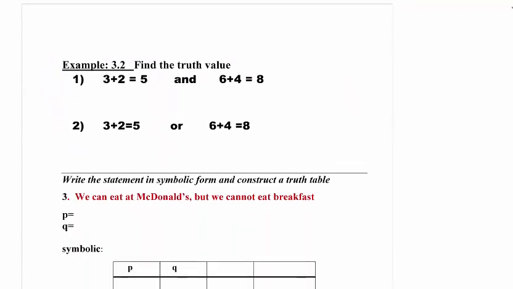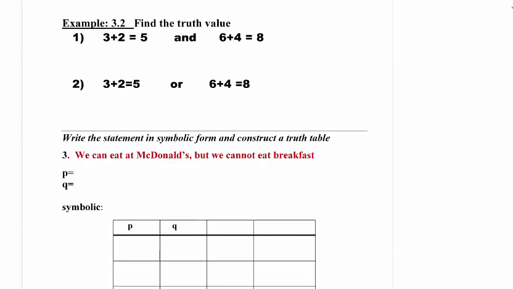So we're now going to look at some examples. So the first two are going to say, find the truth value. So I'm only getting an answer of true or false. So this is my simple statement, and this is my simple statement. 3 plus 2 equals 5.